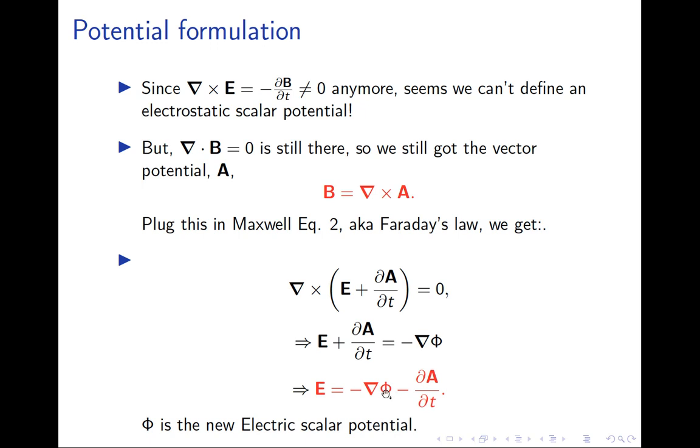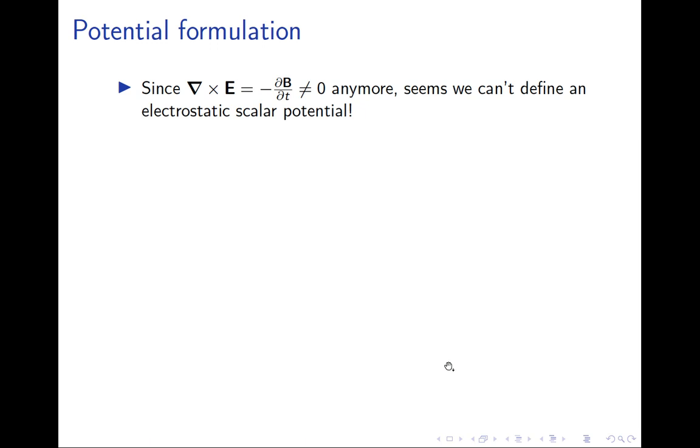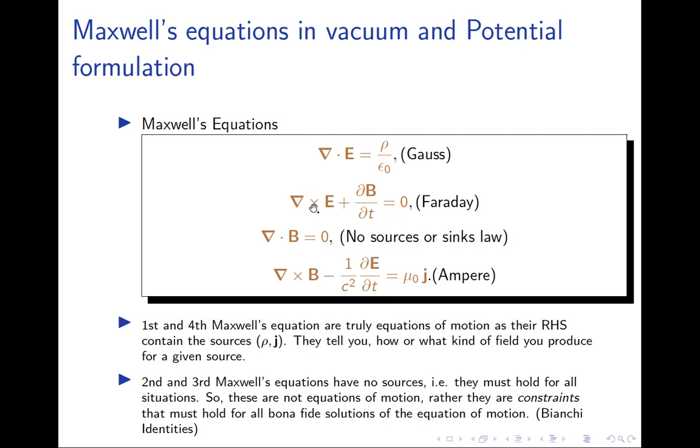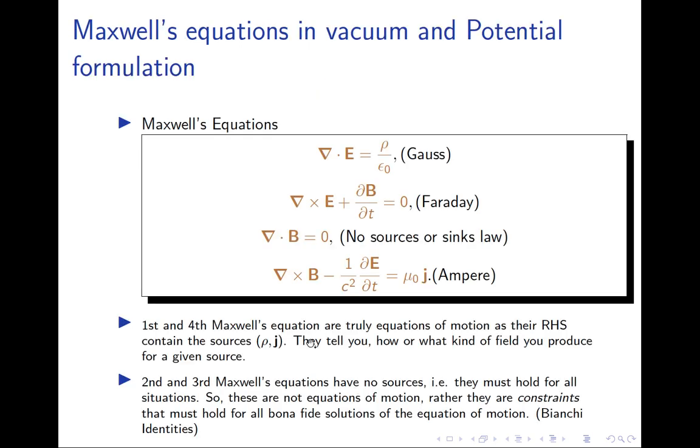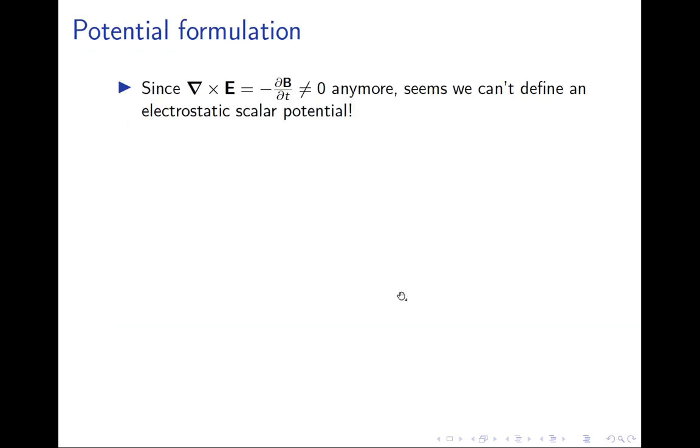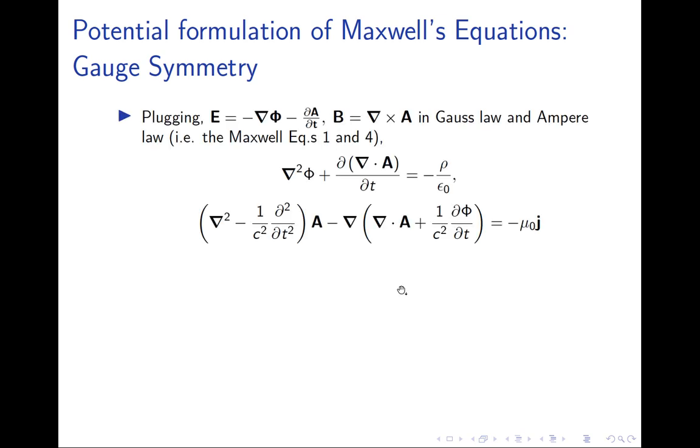So this led to the existence of the new electric potential. This led to the establishment of B, the fact that B is equal to curl of A. So these equations have been taken care of already in some sense. Now we want to plug in E equal to this in the first equation and in the fourth equation, right? So if we do that, simple vector calculus will tell you that you get two equations.